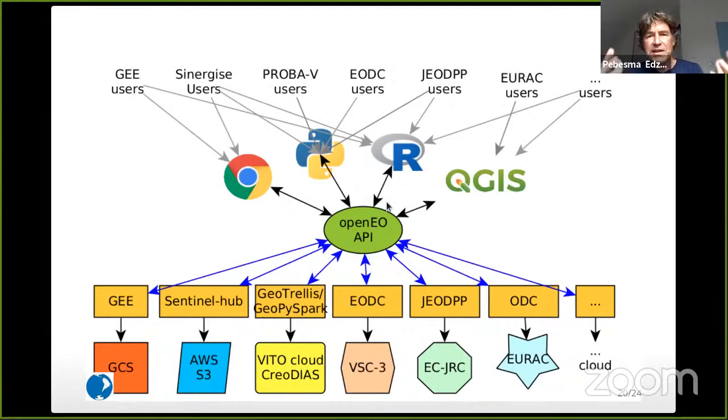This is a project that I was one of the initiators of, but it's much larger. It involves about 10 software engineers, and a lot of institutional support from organizations that actually run these clouds and are trying to make the data in these clouds available to a wider user group.